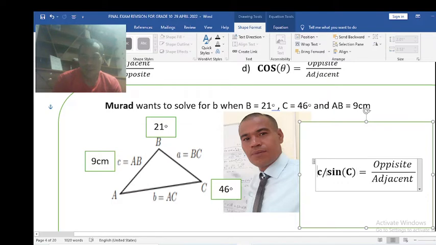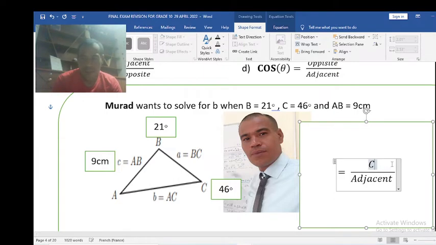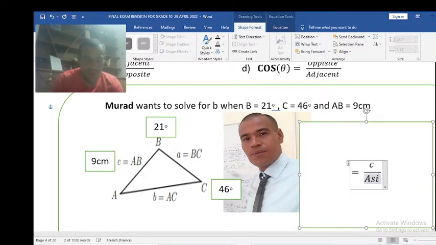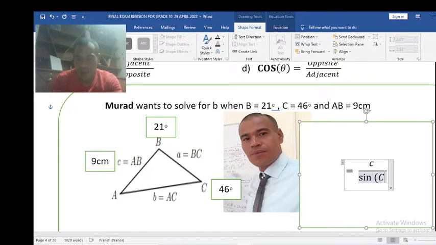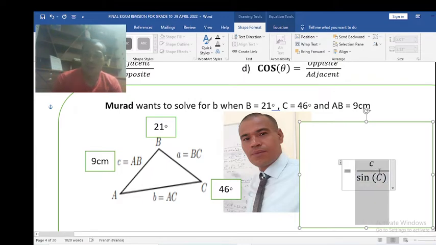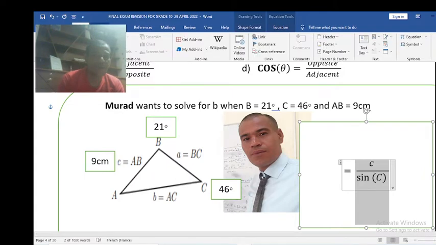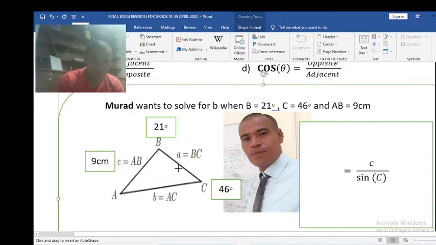This one is small c divided by sine of the angle C. I'm going to use this angle and the opposite side, which is small c. This is the opposite side of the angle.